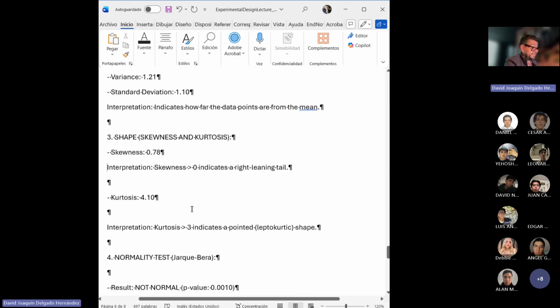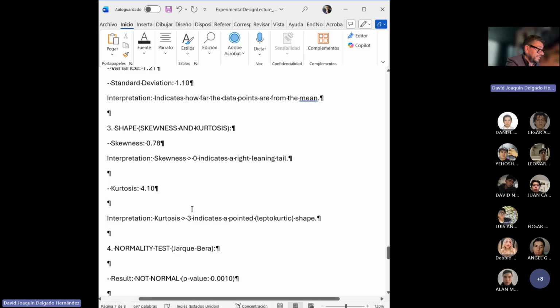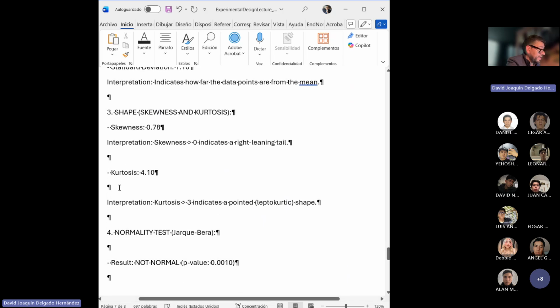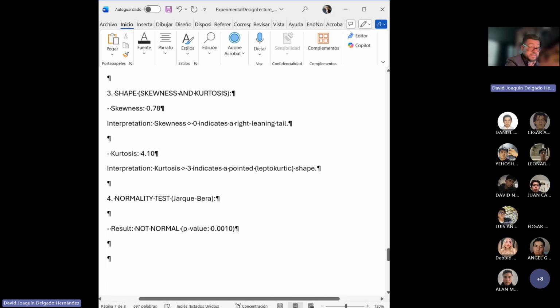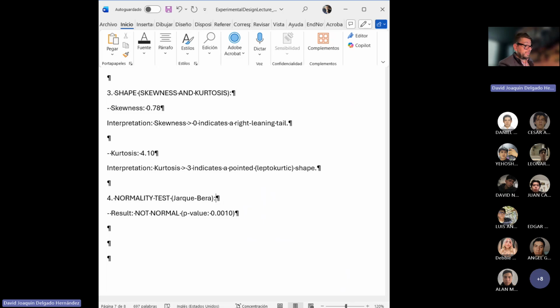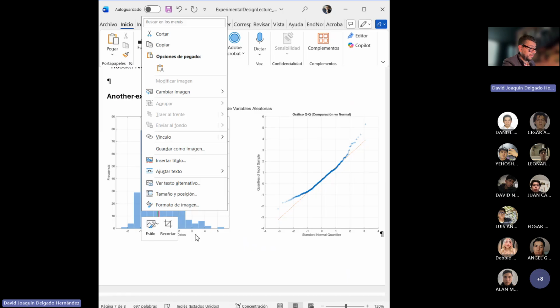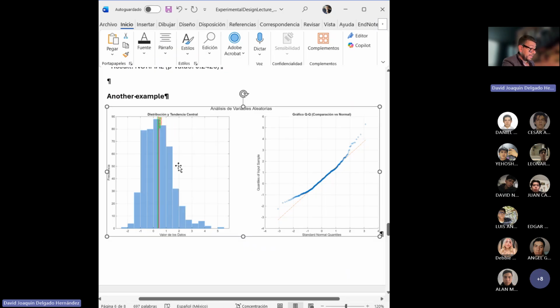So you remember that when the tail drops to the right, it is called a right tail, and the skewness is positive. And the kurtosis, in this case, is 4.10, which is greater than 3. That indicates that we have a leptokurtic shape, so it is a very sharpened shape, okay? And finally, the result of the normality test: this is not a normal distribution. As you can see, this is not normal because it has got a tail.